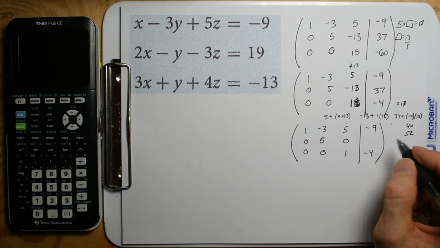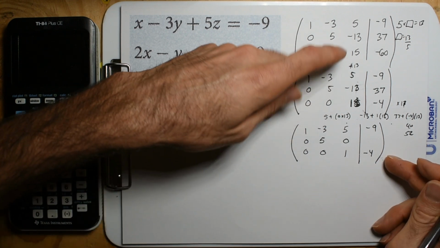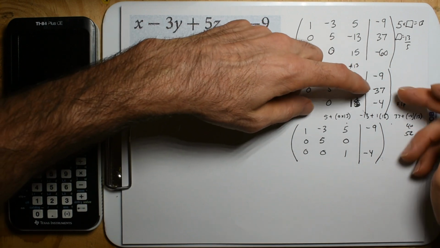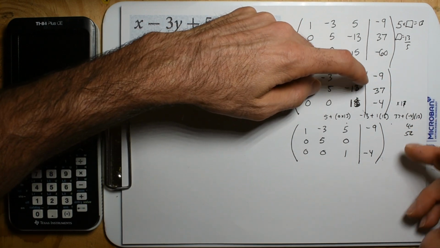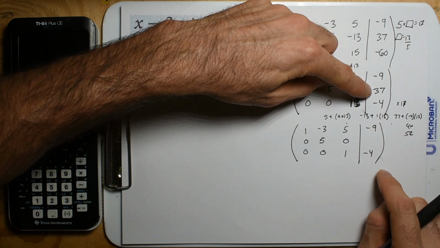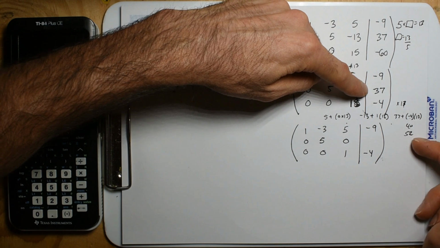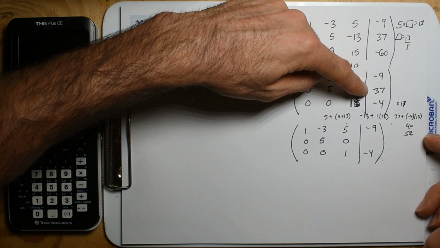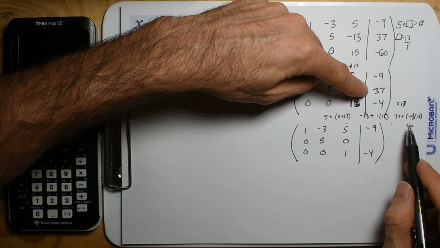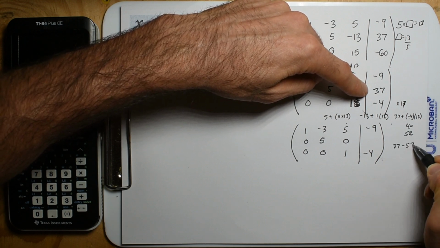Alright, and is it negative or positive? So this becomes 37. Which one are we even doing? Oh, this is 37 minus 52 though.